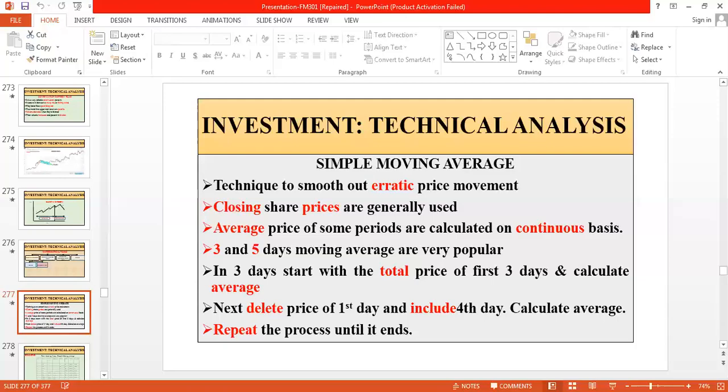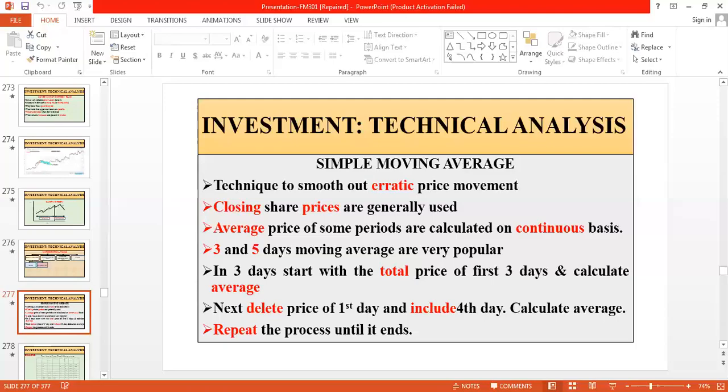So why are we doing this? The object is, if we take the moving average, the erratic movement in the share price, which can disturb and make it difficult to identify the trend pattern, is removed and the data becomes smooth. So for smoothing the data or observations, instead of simple average, we use moving average.